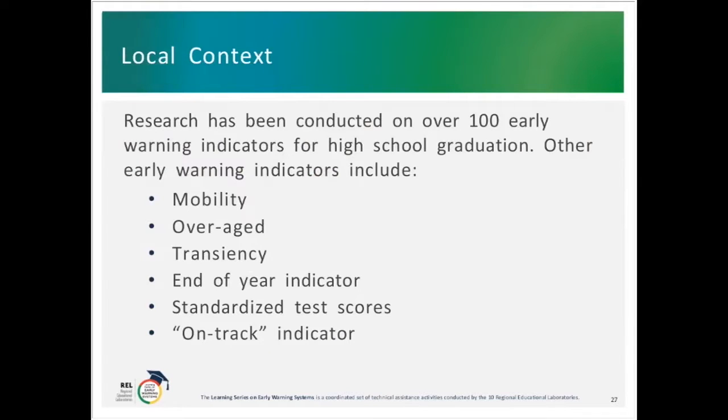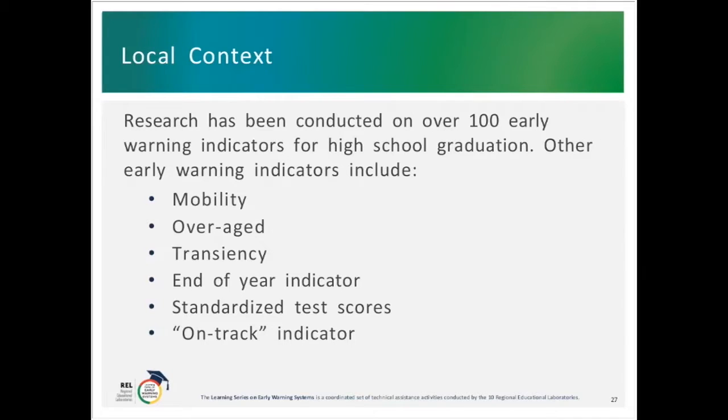We also know that in general, over 100 early warning indicators have been researched. So I gave you the basics and really common ones that are used, but there's also been a tremendous amount of research. These are just a sample of other indicators that have been used, and they have different results in terms of the predictability about whether or not they're a good predictor for high school graduation.